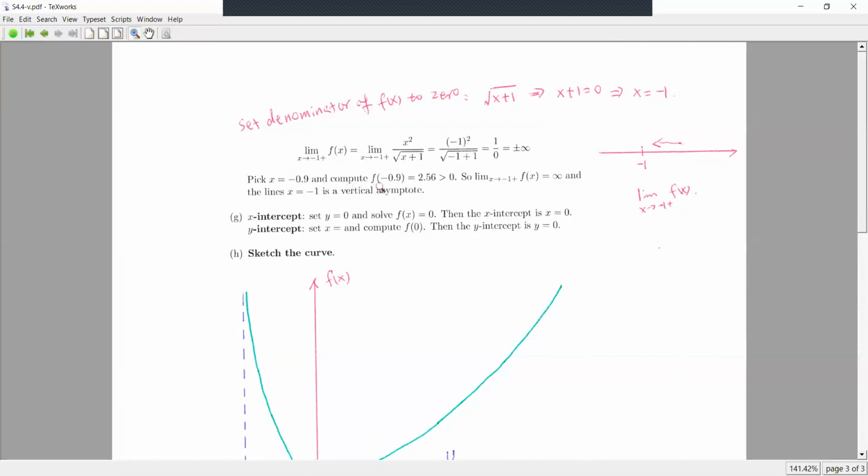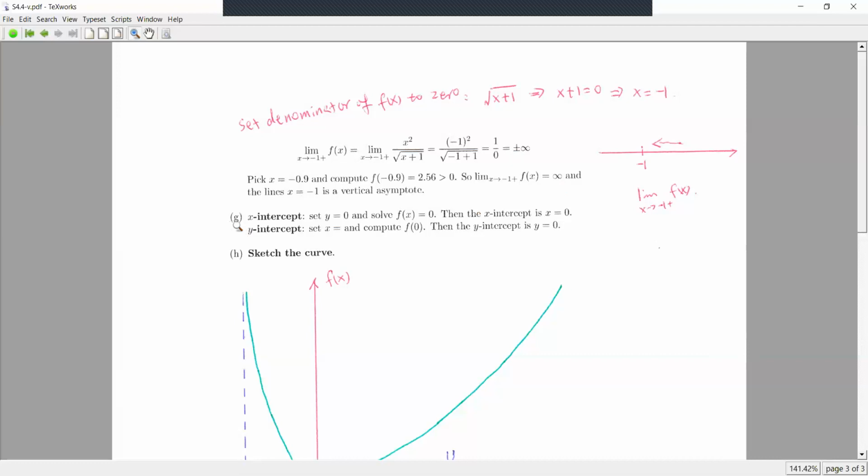Then compute the function value at -0.9. Plug in -0.9 for x, I get this number, positive. That means when x is very close to -1 from the right, the function value is positive. Therefore, this infinity is a positive infinity. Now the limit is infinity, so -1 is a vertical asymptote.